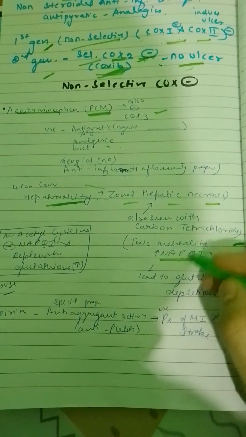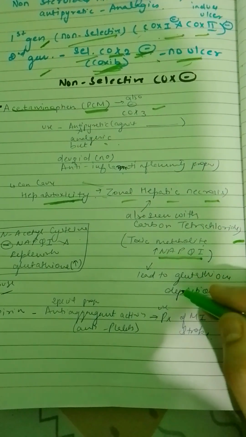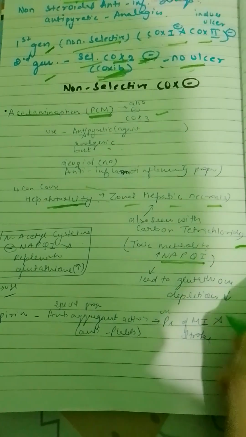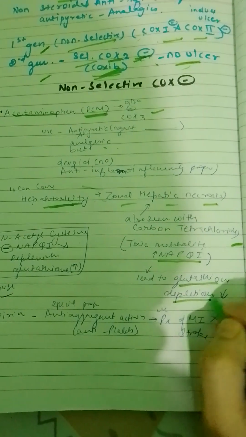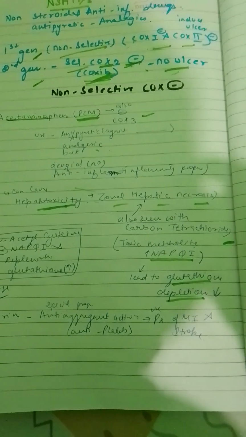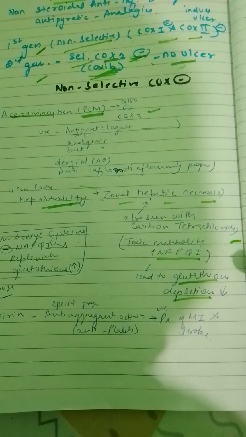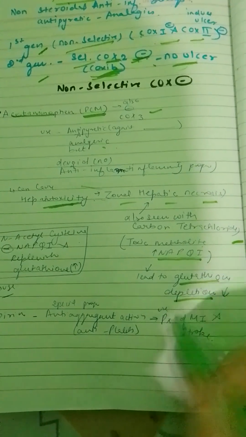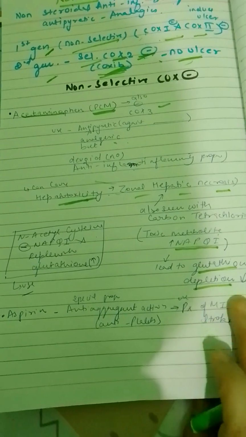When this metabolite increases, it leads to glutathione depletion, and glutathione is an antioxidant, so if its activity decreases, there will be more injury. That's how it leads to hepatotoxicity.